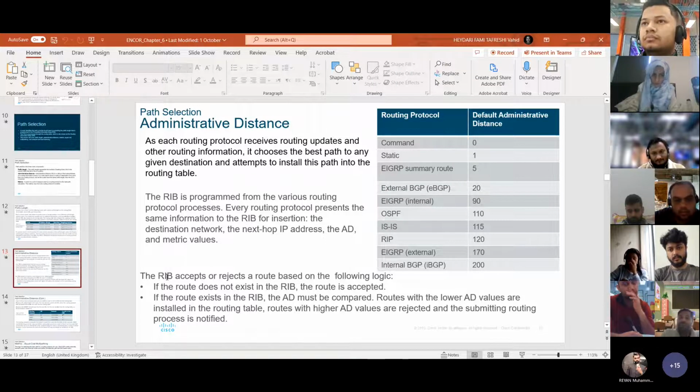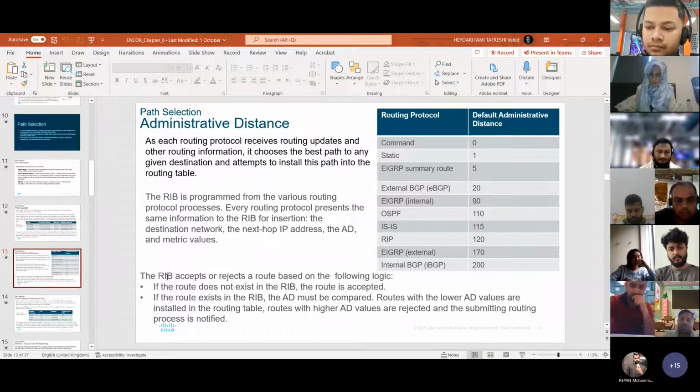Whether the RIB installs that preferred route or the path that was selected in the routing table or not depends on this. If the route that we get in the update for that routing protocol does not exist at all in our routing table, the RIB, or routing information base, is going to accept it and install it within its routing table.